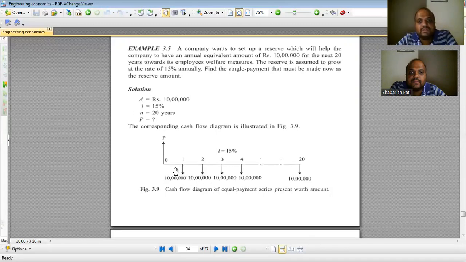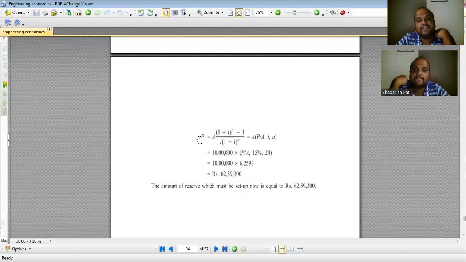But what principal amount should he take now from the bank? That is the relation. That is what the problem says here. He has given you annuities. I is being given. N is 20 years, and you are supposed to calculate the present value. So you are supposed to use the equation which involves A and P. We know the relation between A and P. Substitute everything, and you will be getting P as rupees 62 lakh 59,300.